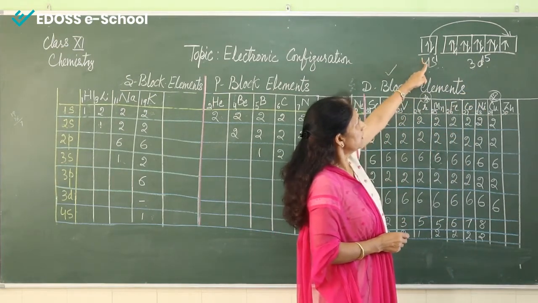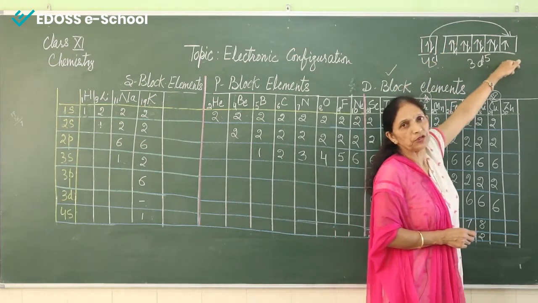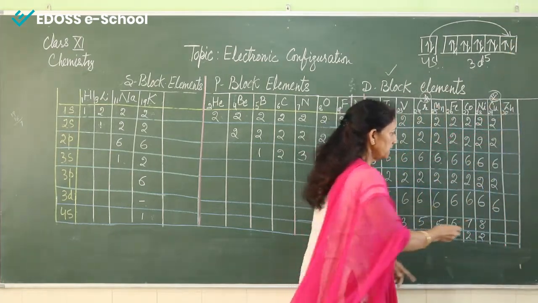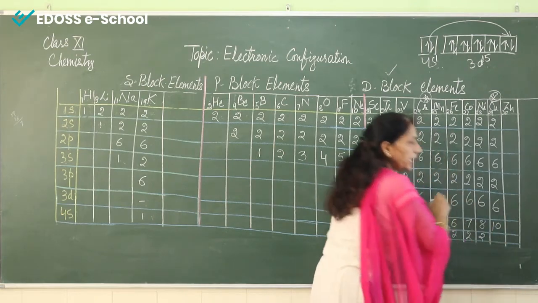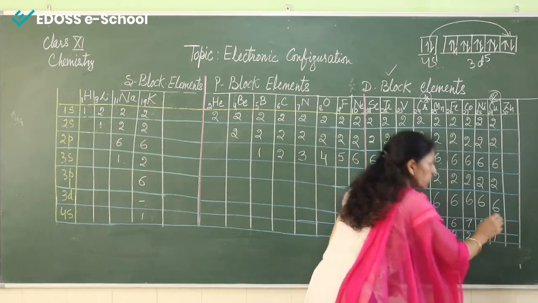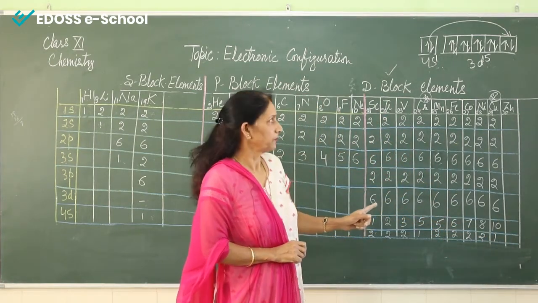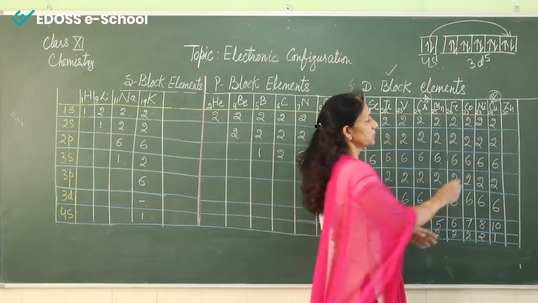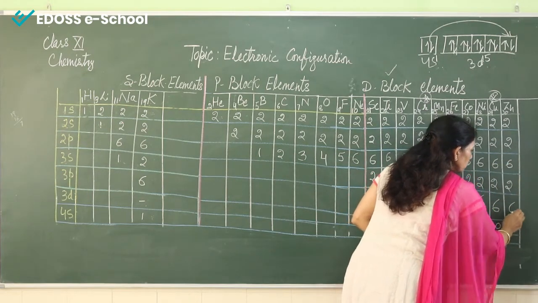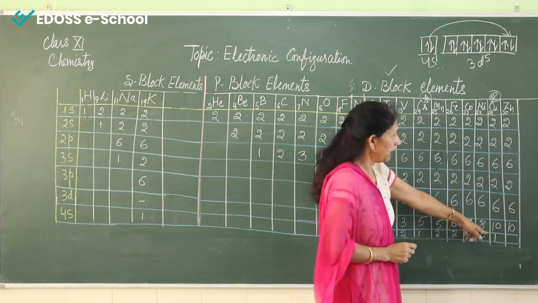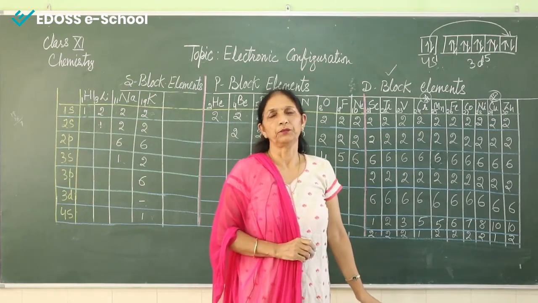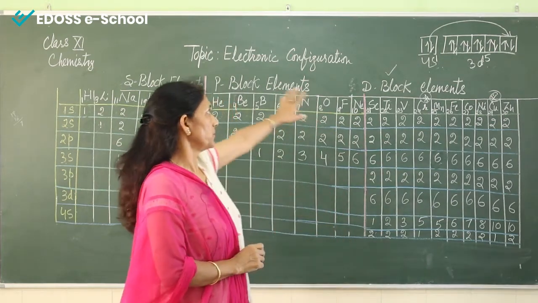So again the electron from 4s will jump into 3d. So 3d will have 10 electrons instead of 9, 1 electron from s, and 4s will have just 1 electron. And for zinc, it is 30, so it is 1s2, 2s2, 2p6, 3s2, 3p6, 3d will have 10 and the last electron will go in 4s, so it will be 4s2. So this is the way we can understand electronic configuration.